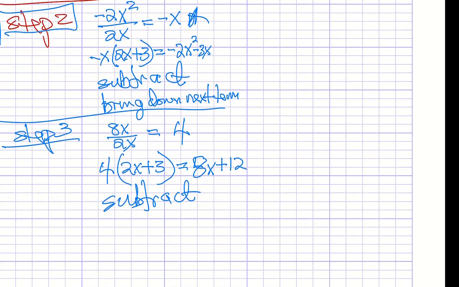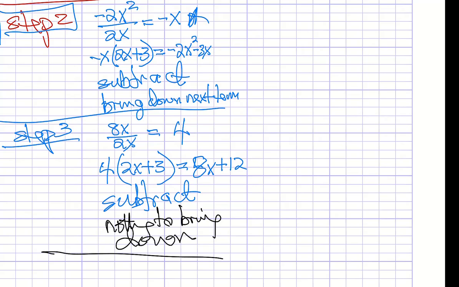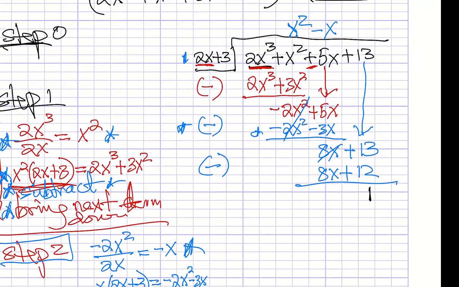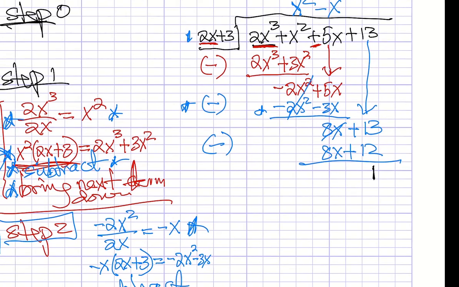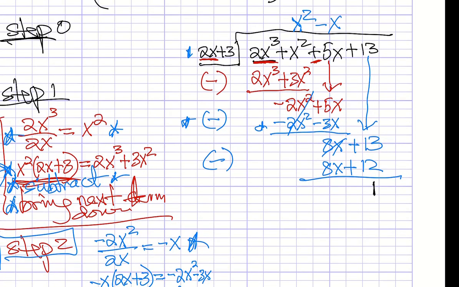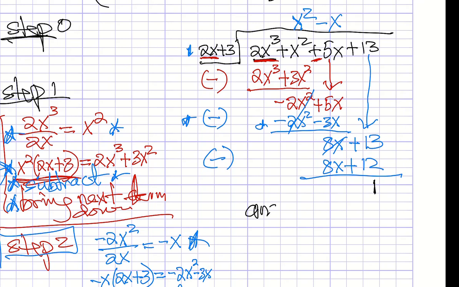So then we'll say nothing else to bring down, okay? Nothing to bring down. If you want, you can put that down. It doesn't matter. It's up to you. Nothing to bring down. We're done with that one. So basically the answer we got is x squared minus x, and the remainder is 1.